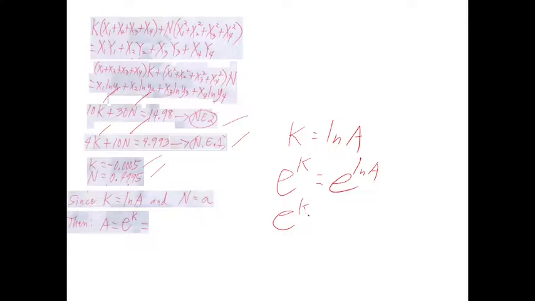So then A equals e to the power of K. Okay? So that's how it goes. We can use e as the base. Considering K and ln A as exponents, we have e to the power of K equals e to the power of ln A. And what is e to the power of ln A? That is simply A. Okay?